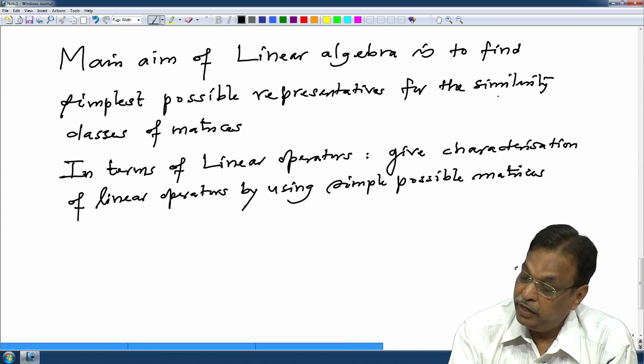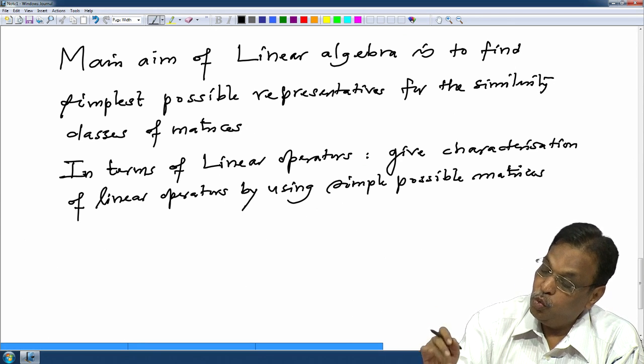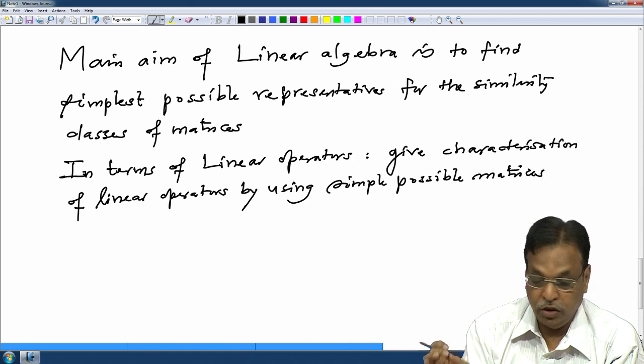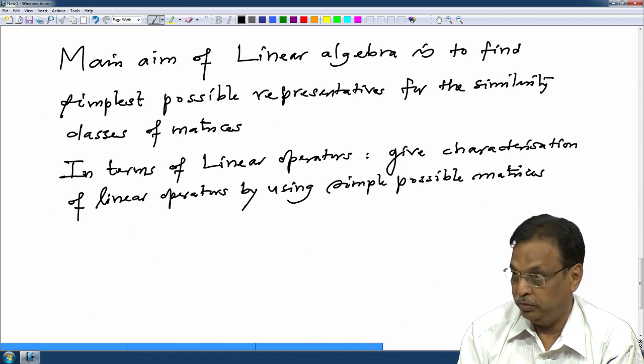So for each similarity class, if you know one matrix, then you know all the matrices, and you want to choose in each class the simplest possible one.